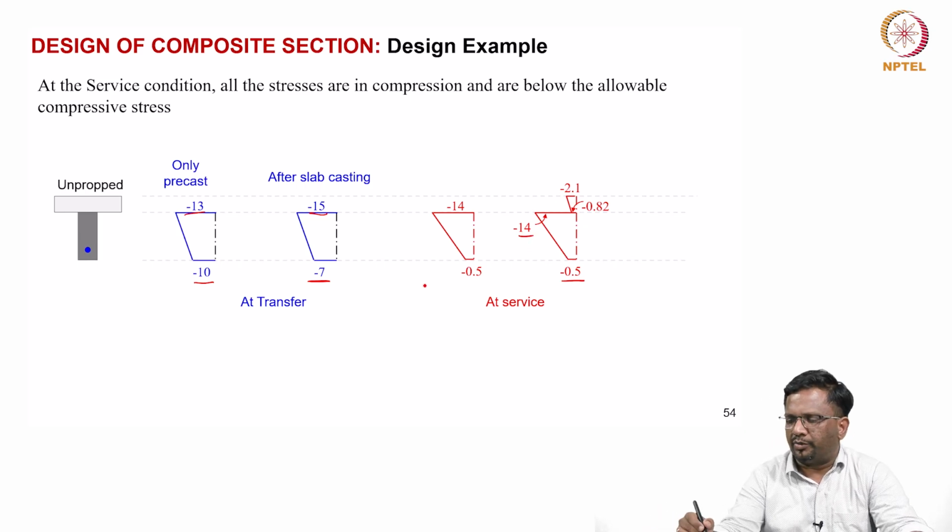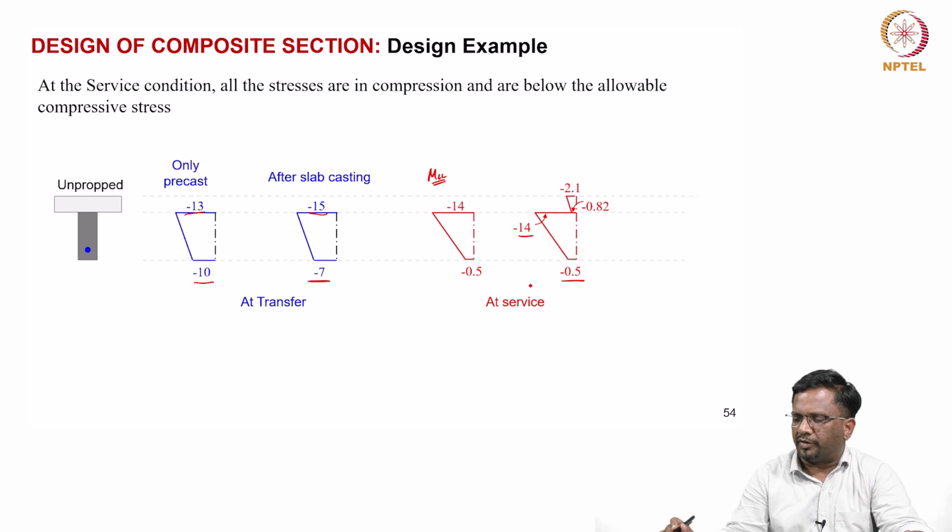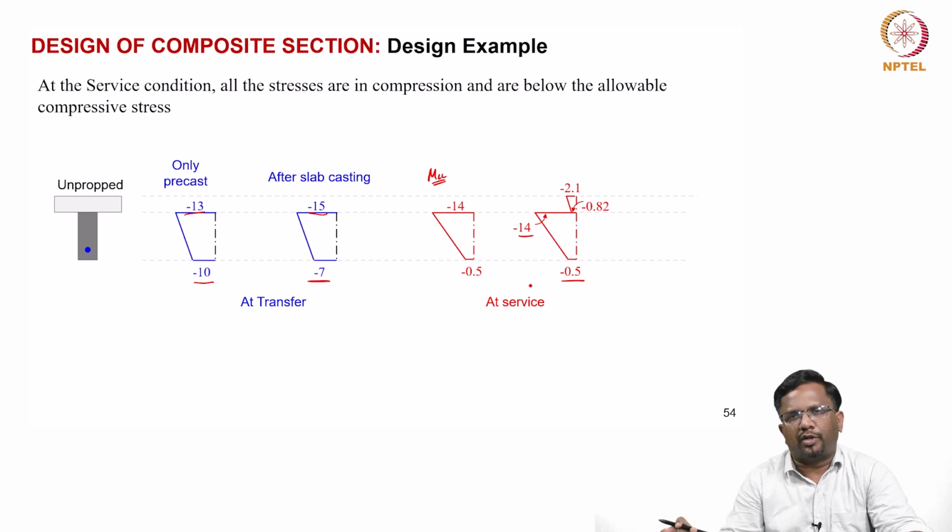This is only due to live load, right? So if you substitute that, you get your stresses. This is your net service stress, and everything is in compression, which are less than your allowable stress limits.